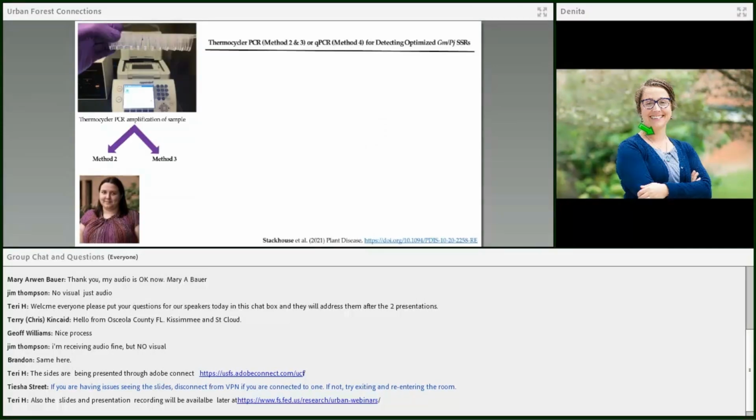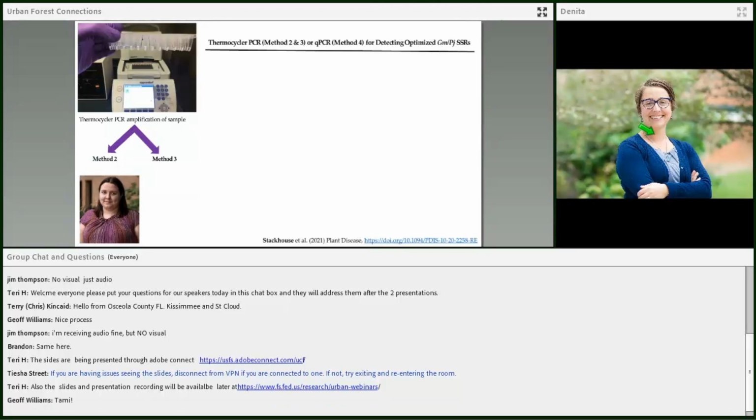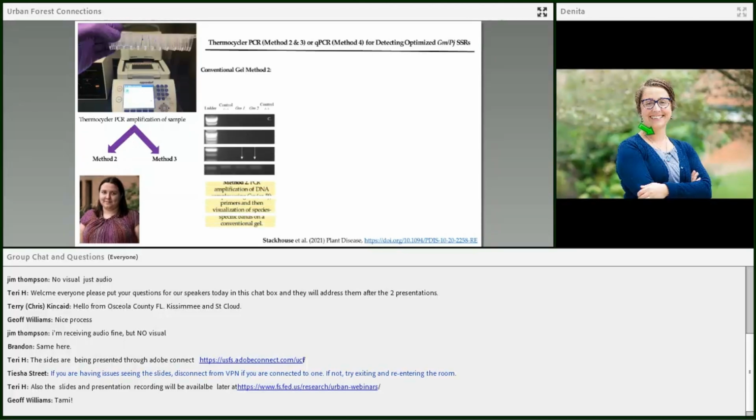So what we wanted to do is take that approach. We knew that we had a system that worked pretty well, but we wanted to simplify the process and use basically a simple PCR reaction that can be done in a disease diagnostic clinic, performed with low input cost and limited or specialized equipment.